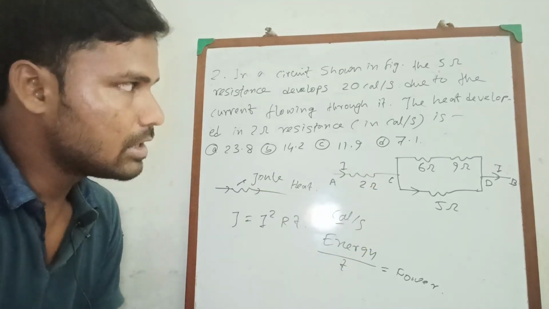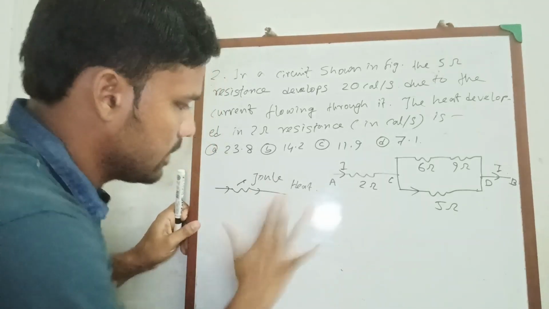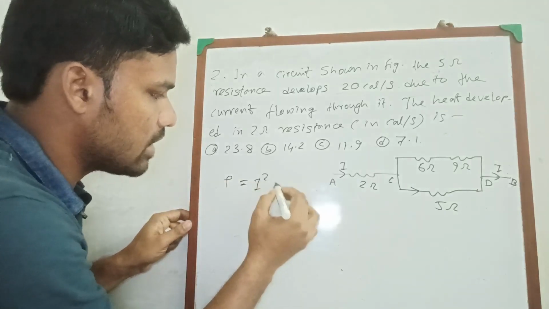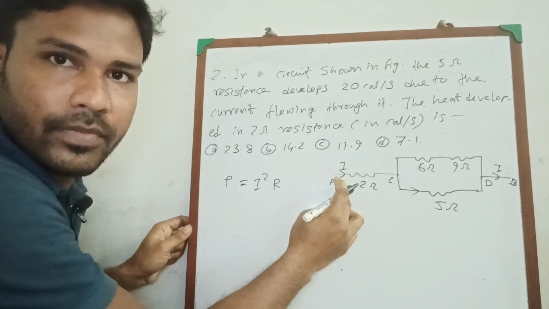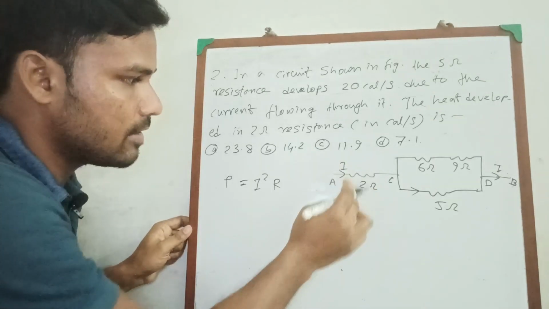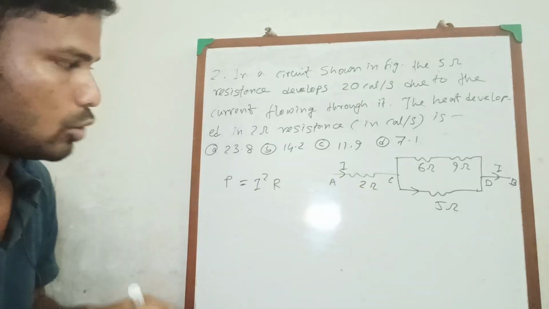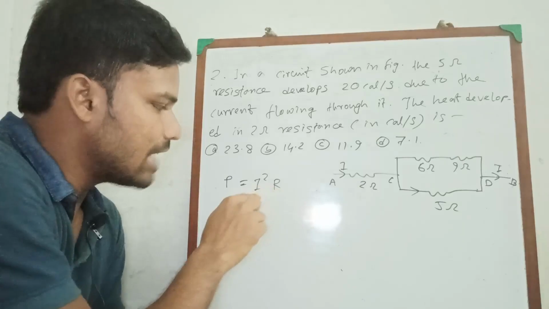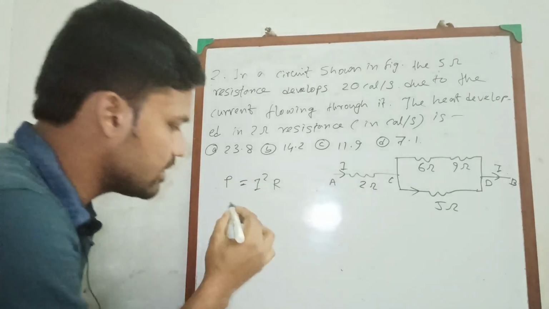Basically, this power is I square into R. This I is the current flowing here, and R is the resistance, that is 2 ohm. Since R is given, you just have to find I first.